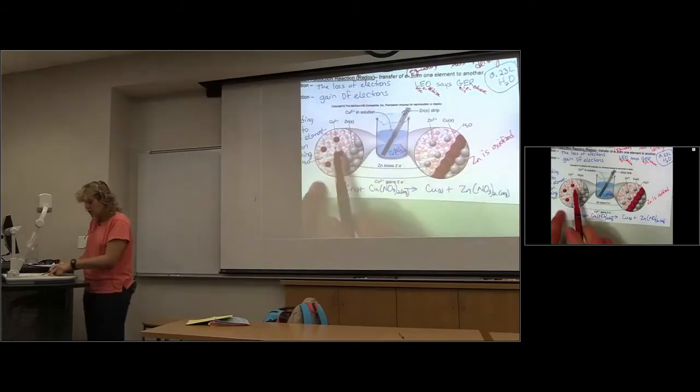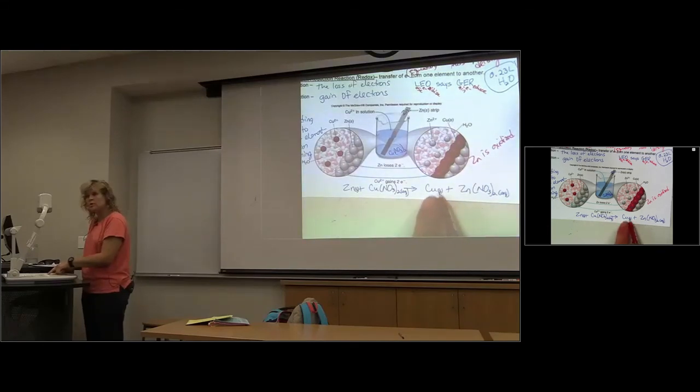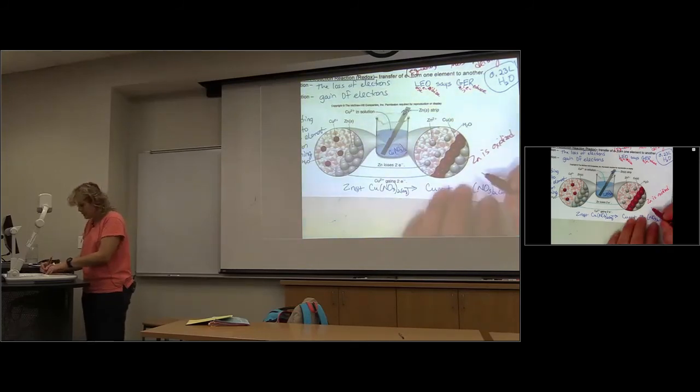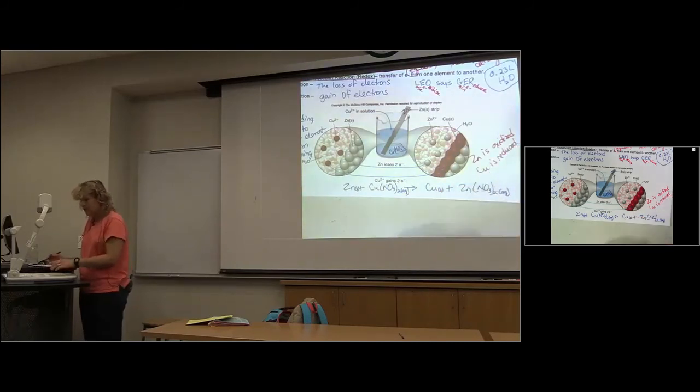Copper starts off as what? +2, but it goes to free copper element, which means it has been reduced. Copper is reduced. Now let me further explain this, because if you had a high school chemistry class, you might have done an experiment like this.